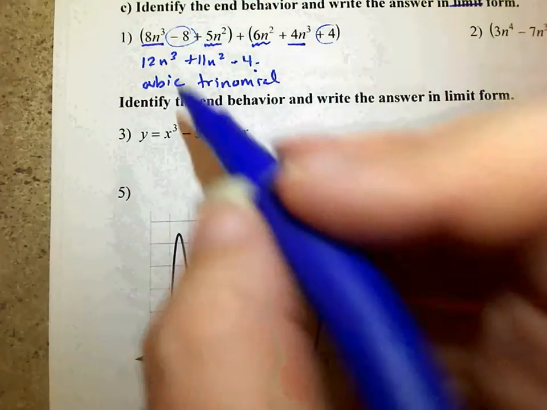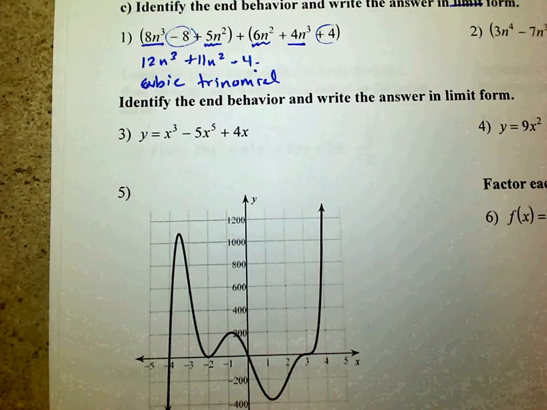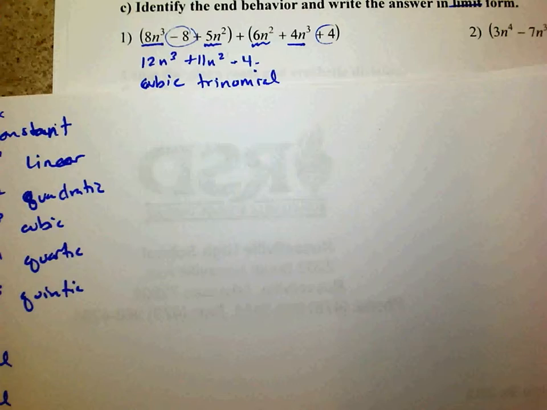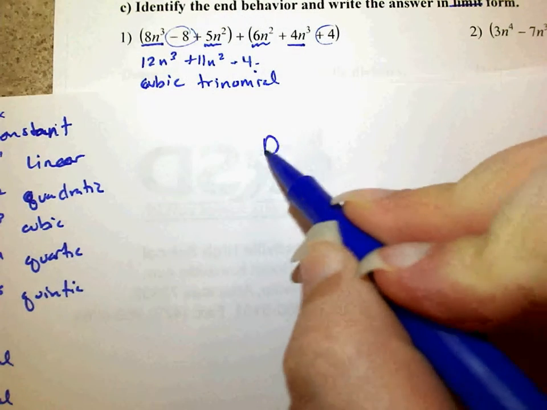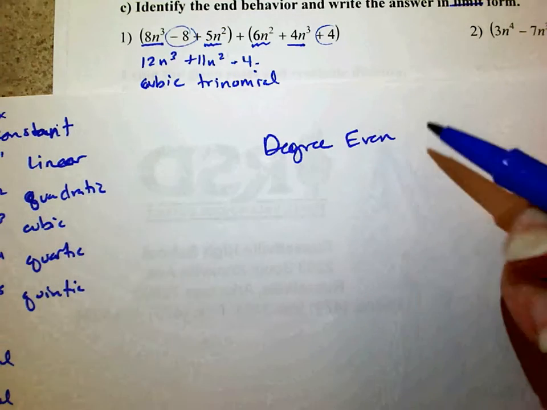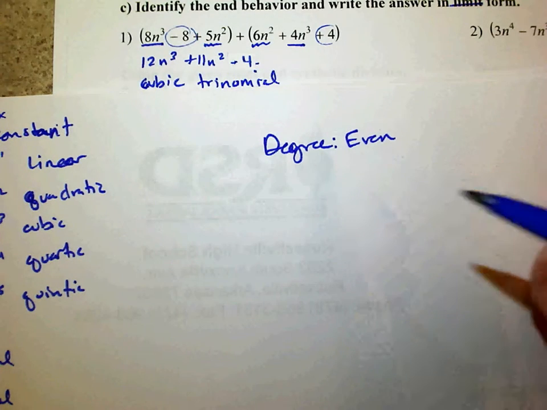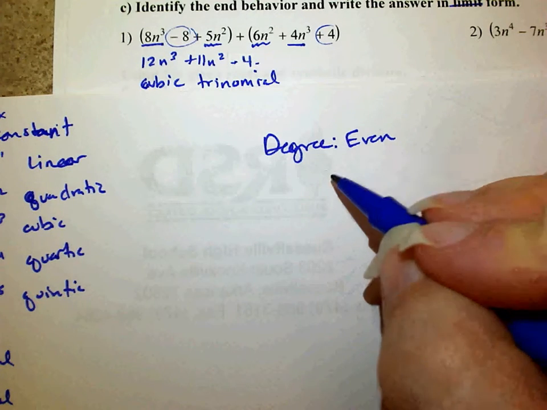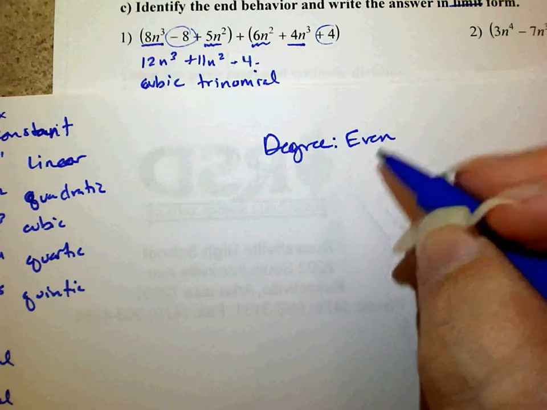And so the other thing it says is the end behavior. So let's go over end behavior again. I know I went over it in class, but we'll go ahead and go over it. If the degree of your function is even, meaning the highest power is even, okay? Or if it's in multiplied form, then if the multiplicities add up to an even number. You have some options. Even functions go in the same direction.